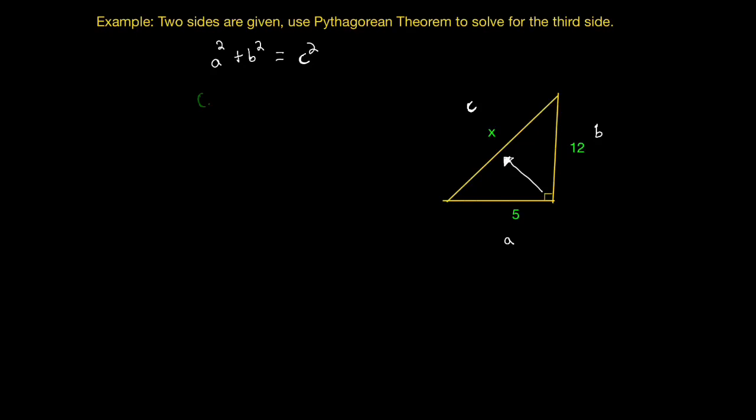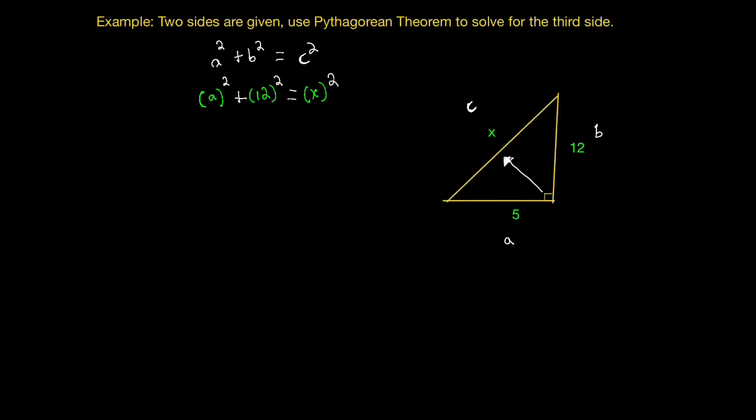So I get 5 raised to the second power plus, and then b, we will replace it with 12. And we get 12 raised to the second power, which will equal c. And c, I'm going to replace it by x. So we get x to the second power.